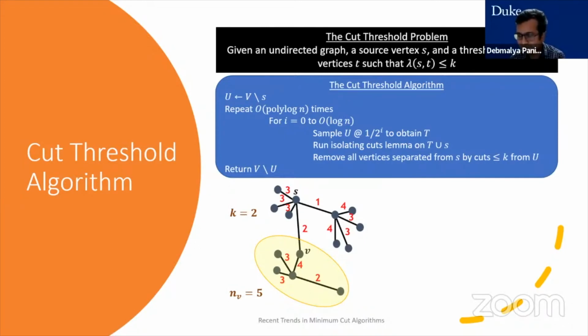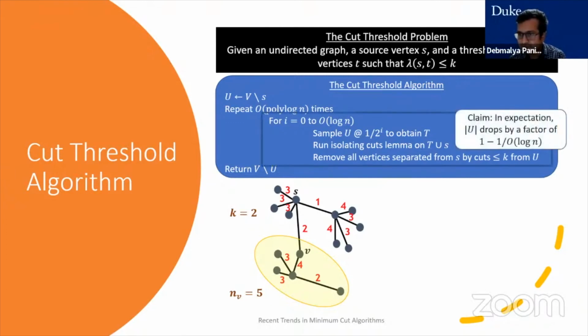Okay, why is that the case? What I precisely claim is that in expectation, the size of U drops by a factor of 1 minus 1 over O(log n) in every step. So suppose I had to identify a bunch of vertices, 100 vertices.